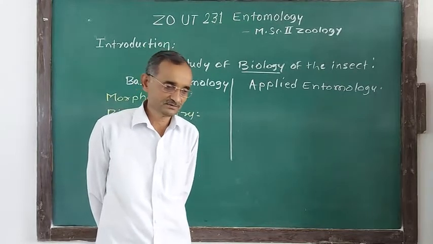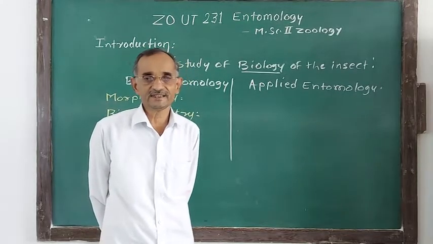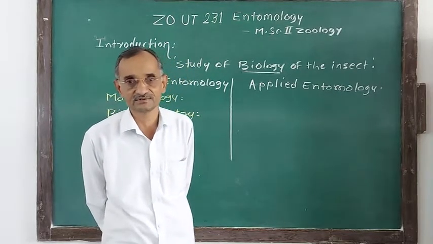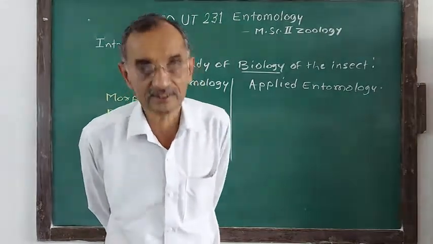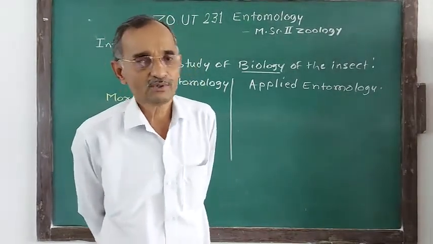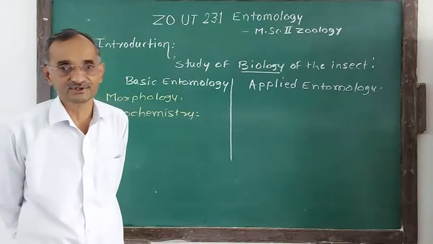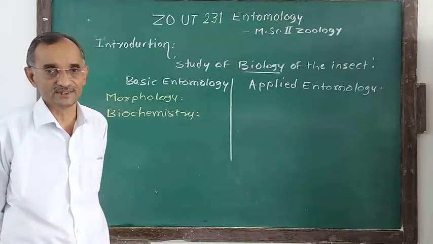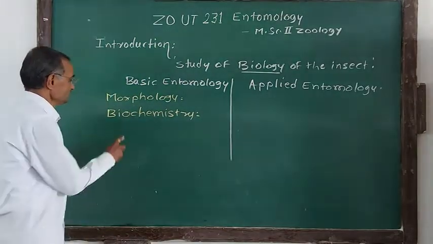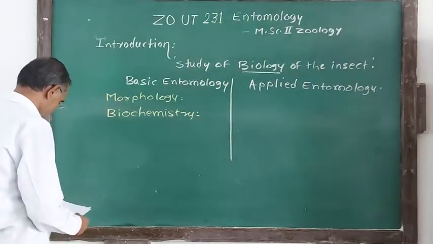Not only this, how the respiratory gases are exchanged at tissue or cellular level, all those biochemical events as far as the insect body is considered are included in biochemistry.